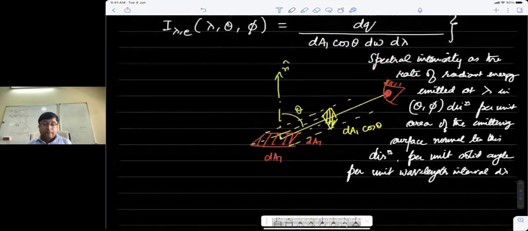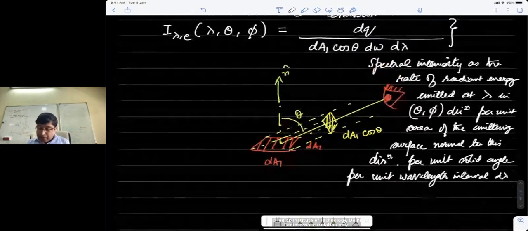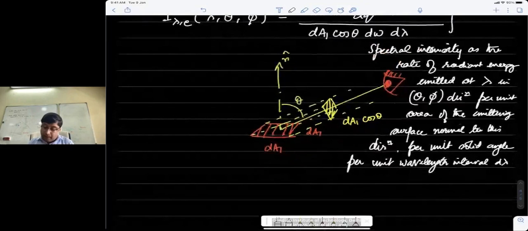So that is how we will define the spectral intensity of radiation.